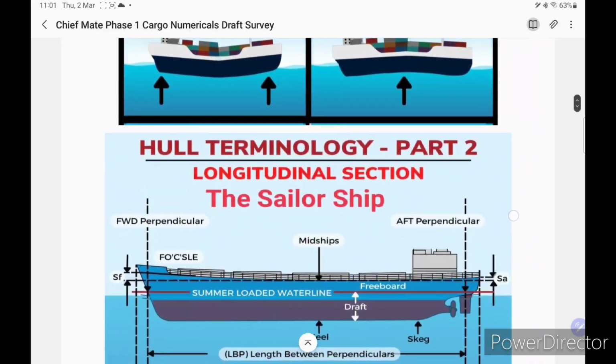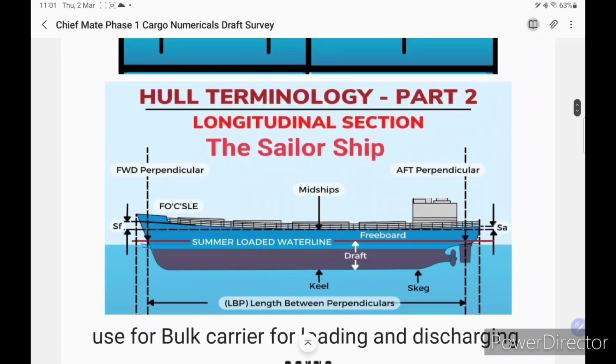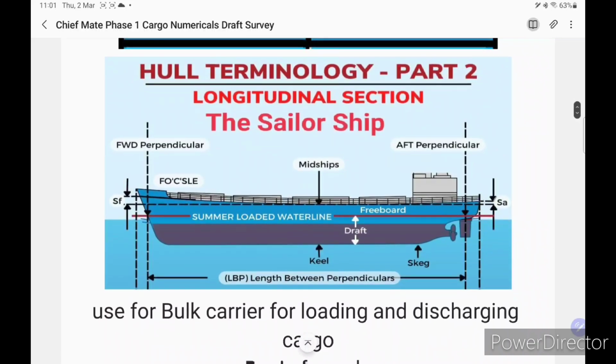So before approaching the questions, we should learn what formulas we are using in the draft survey calculation and how we will approach. This is the aft perpendicular, this is the forward perpendicular, and we use forward perpendicular, aft perpendicular, midship draft, then forward draft mark, aft draft mark, midship draft mark. We are going to use all of these.